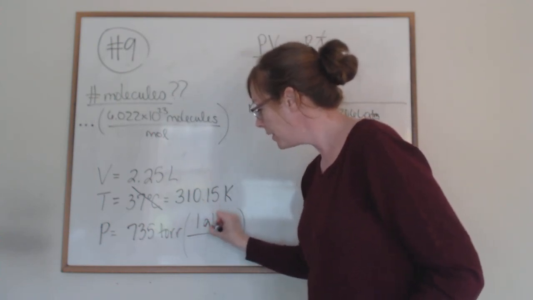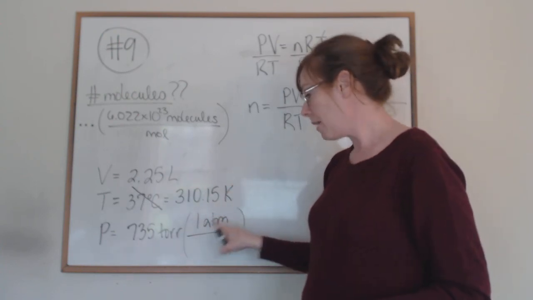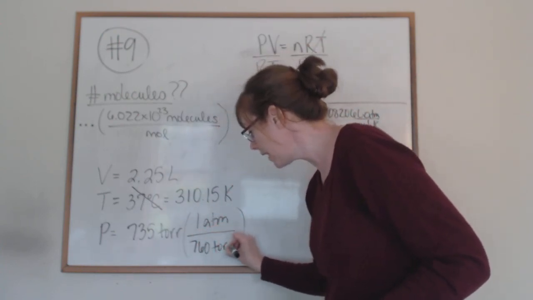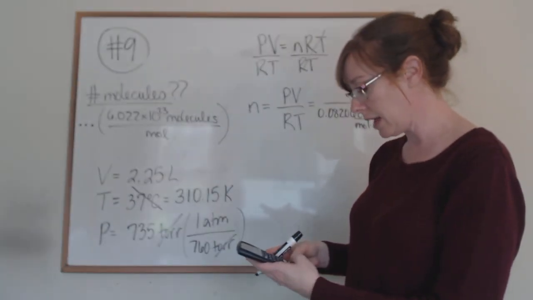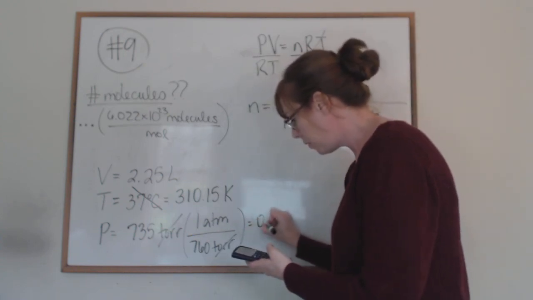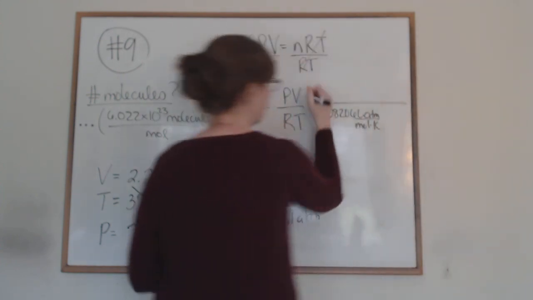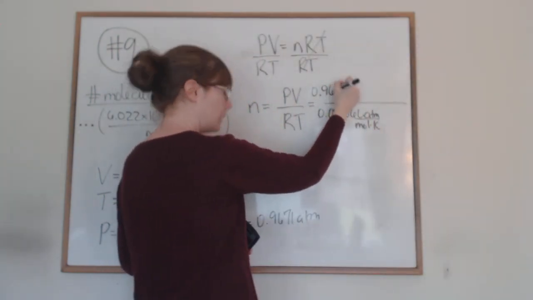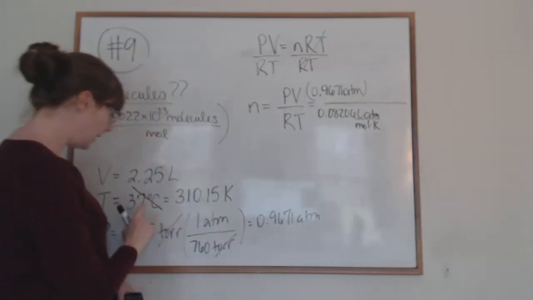The relationship is that 1 atmosphere is equal to 760 torr. This is just a conversion factor, so I use it like this to convert. That gives 0.9671 atmospheres. That's what I use for P here.